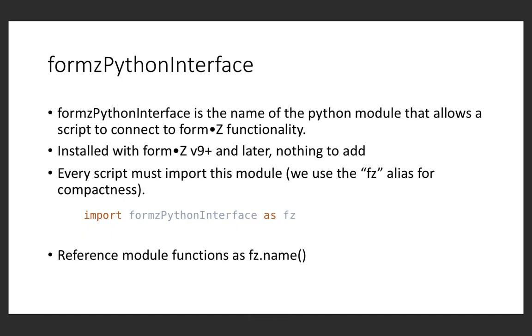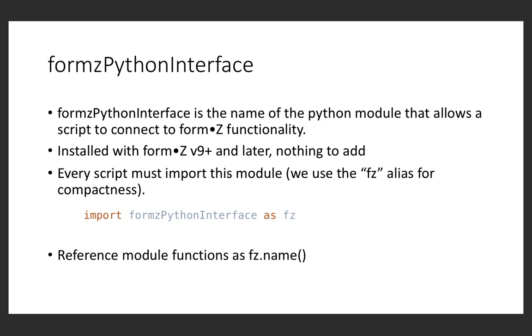So, how do you connect Python to FormZ? Well, there's a module we've created called the FormZ Python interface, and it's a Python module that essentially connects the script to the FormZ functionality. This module comes along with the FormZ app, and it's installed with every FormZ 9 and later. There's nothing else that you need to add.